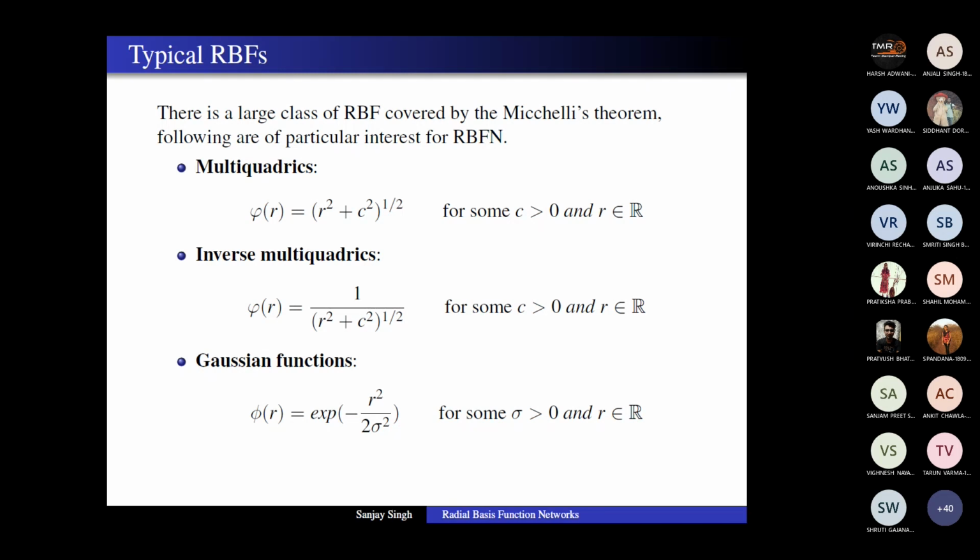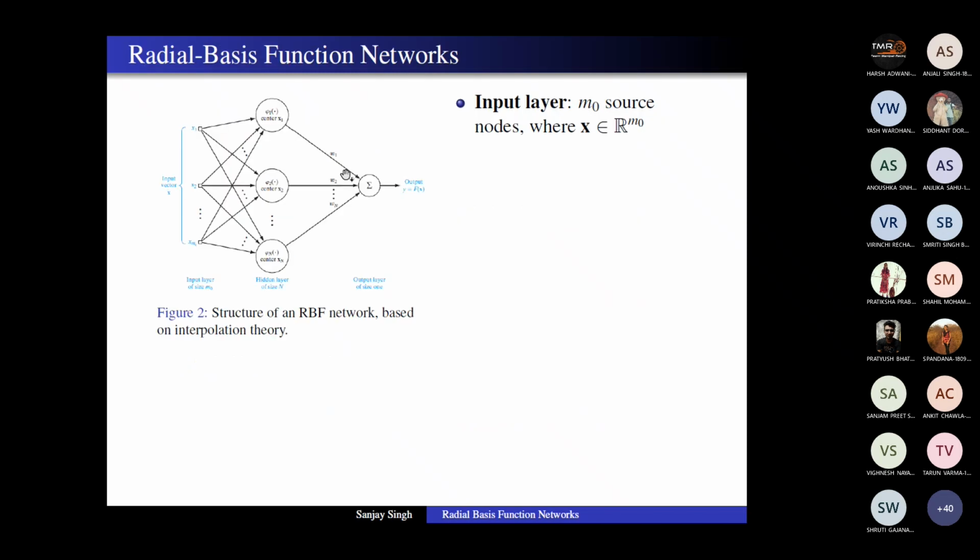It cannot be assured that it will reach 0 as r goes to infinity; it increases in some non-linear way. So these two will always give you a non-singular interpolation matrix.